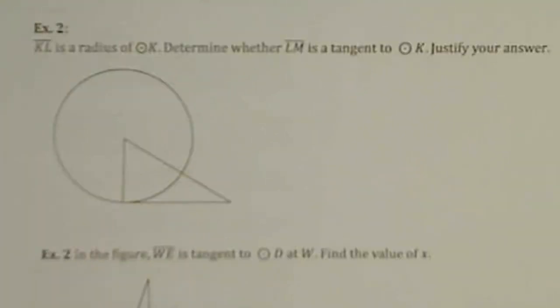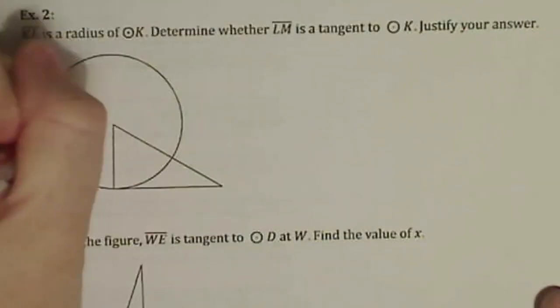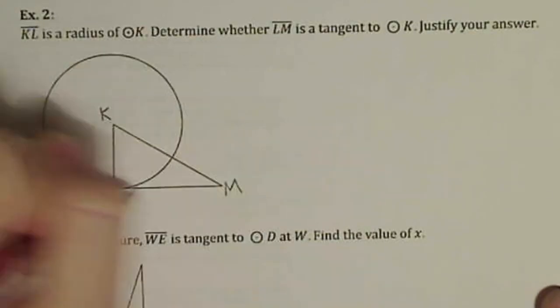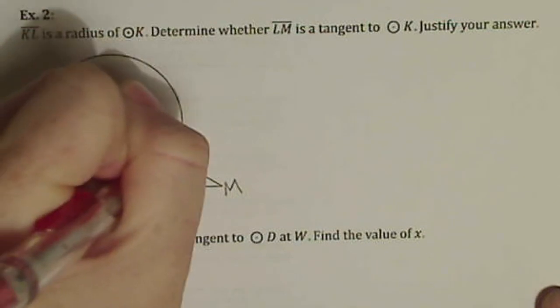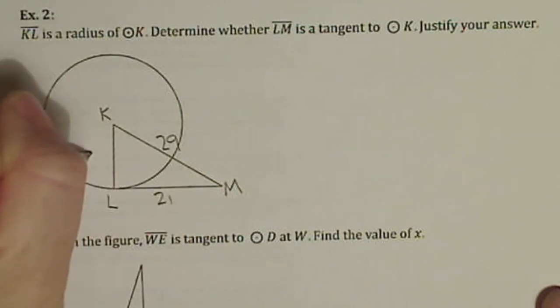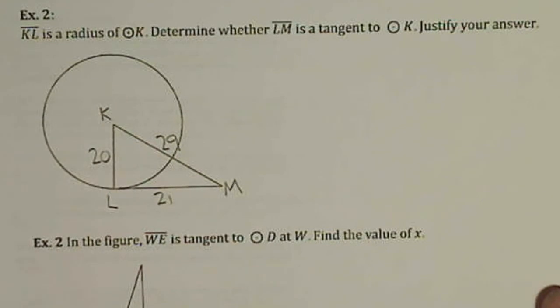Alright, let's turn the page and let's talk about example 2. Example 2 says that we have this triangle that is sort of coming out of this circle, and we know that KL is a radius, and we want to know if LM is tangent.